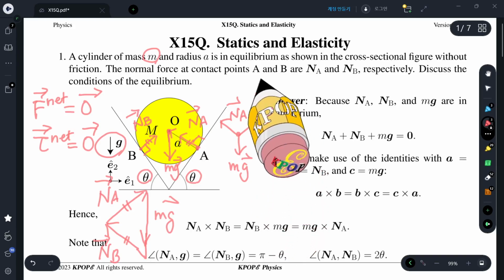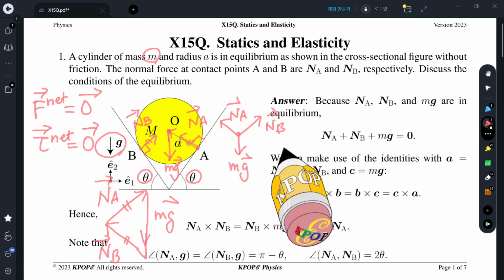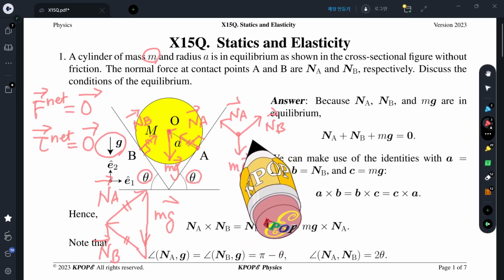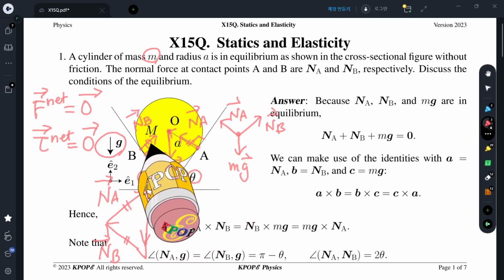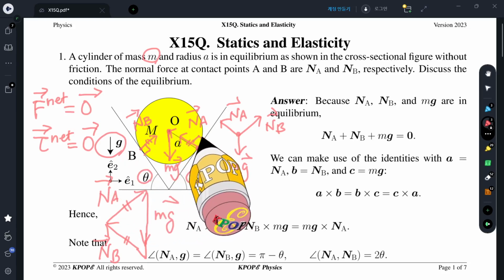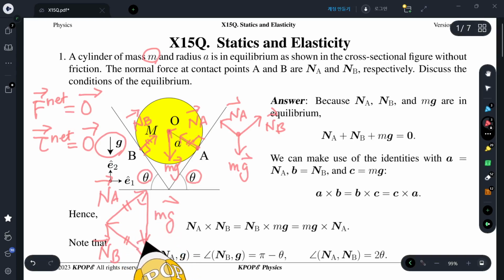Any three forces in equilibrium, if I translate the three sides appropriately, I can construct a triangle. In addition, because of the symmetry of this system, the magnitudes of NA and NB are the same. So this is an isosceles triangle. Okay, so this angle and this angle must be the same. So we are almost there.